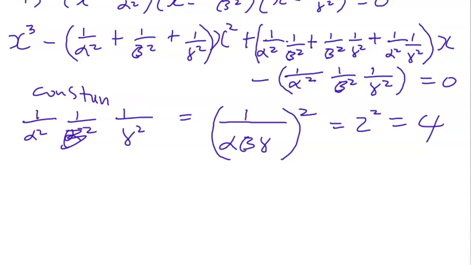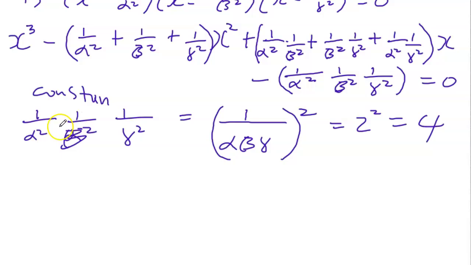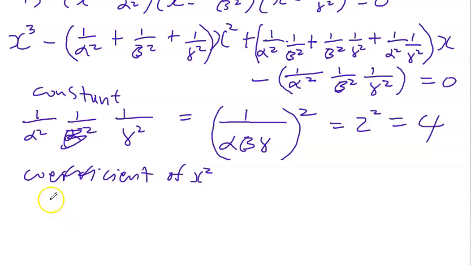Let's move on now to the coefficient of the x square, which would be the first bracket here, 1 over alpha square plus 1 over beta square plus 1 over gamma square. Let's try to simplify this expression.